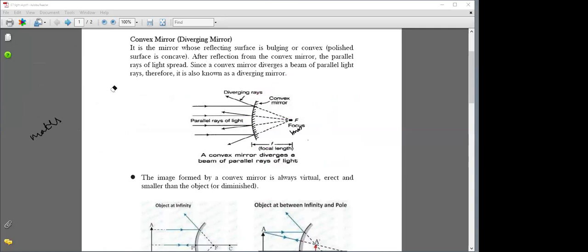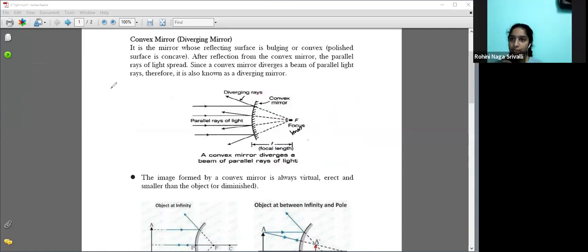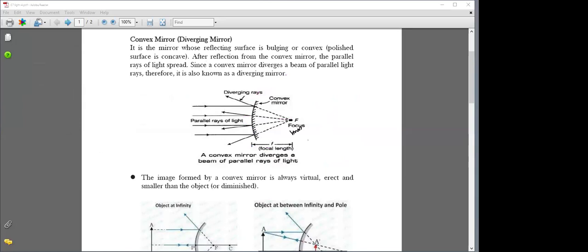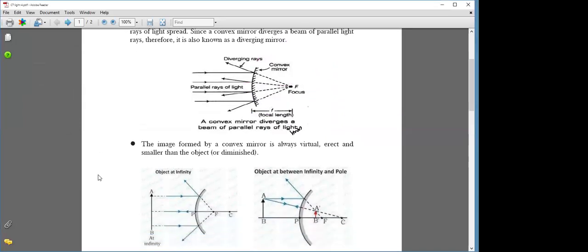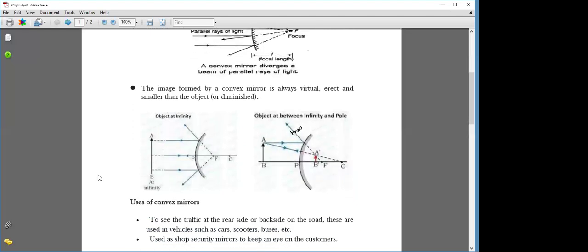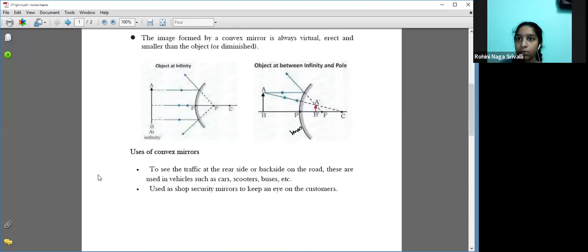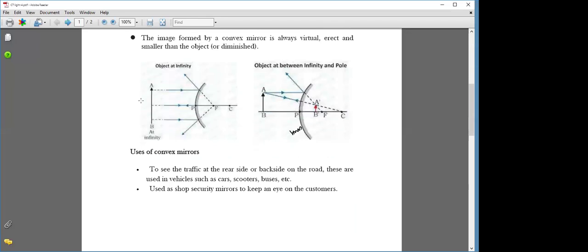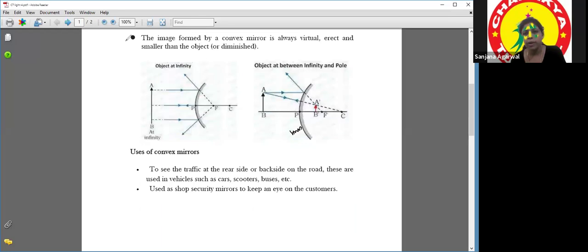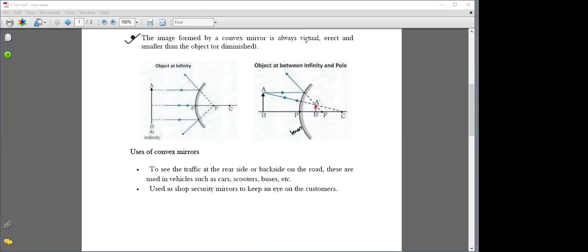In a convex mirror, whatever image we want to see appears in a wider view, right? One of the main points about the convex mirror is that the image formed by a convex mirror is always virtual, erect, and smaller than the object, or you can say diminished.